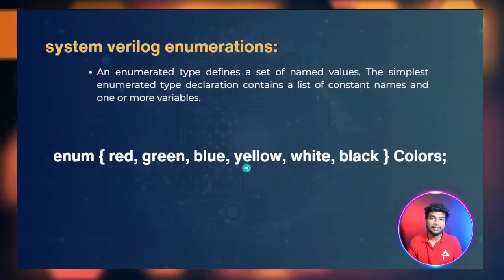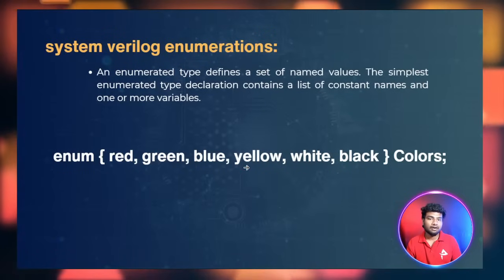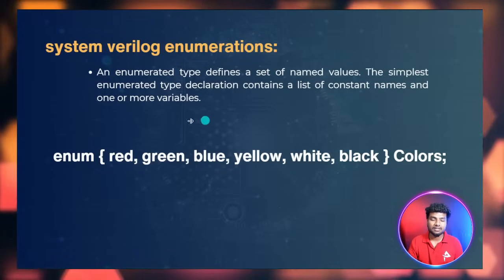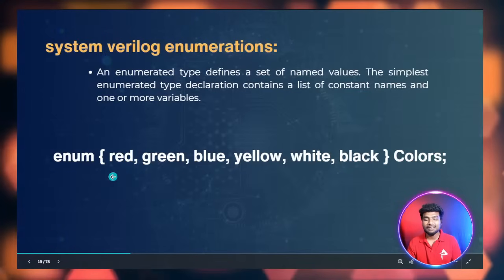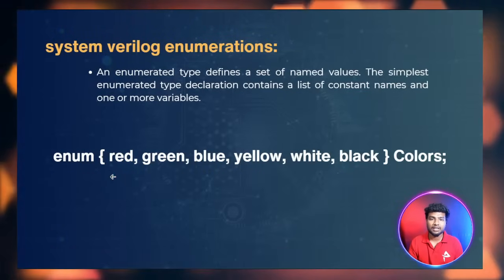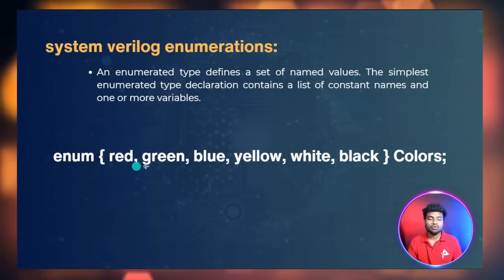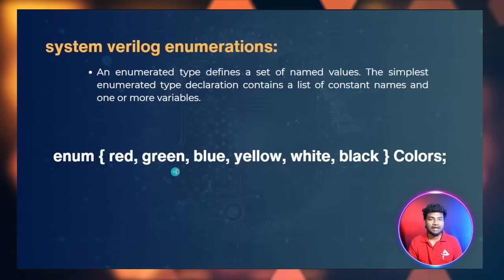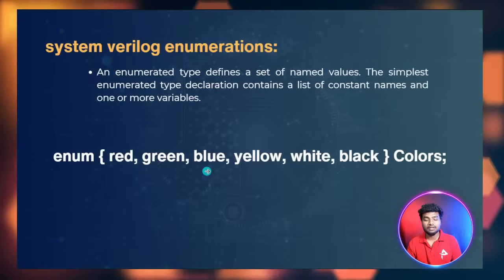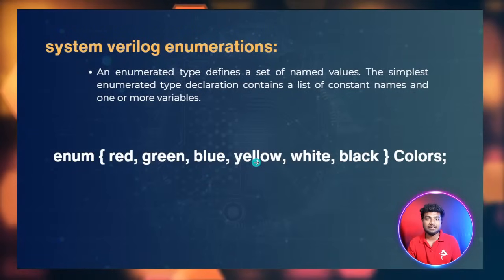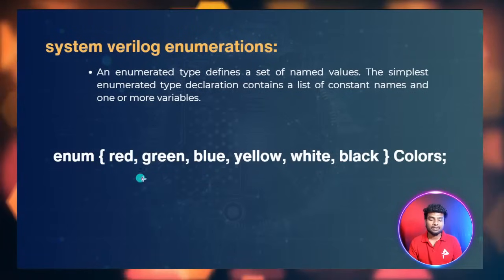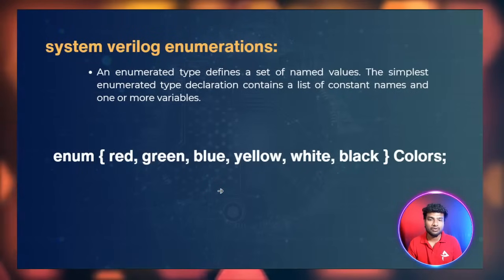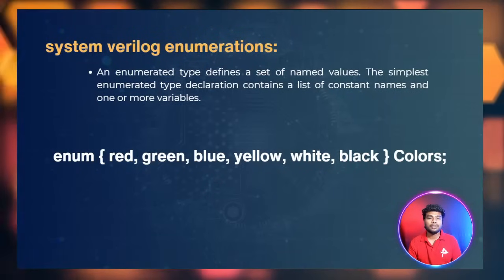We can also name them a, b, c, d, or 1, 2, 3. Each constant has an enum value. Enum values start from 0 and update automatically: red has 0, green has 1, blue has 2, yellow has 3. We don't give the values for the constants. It will automatically assign the values.